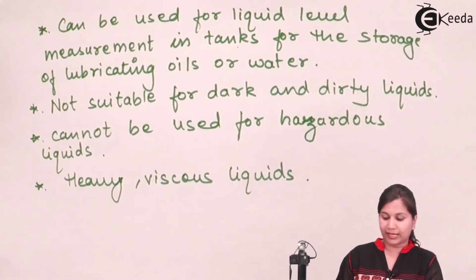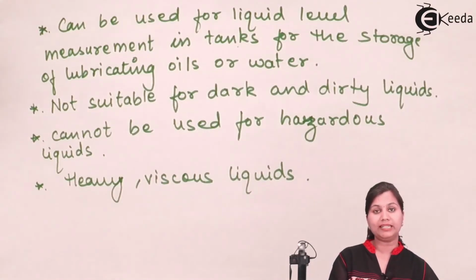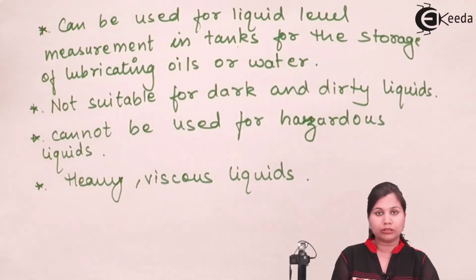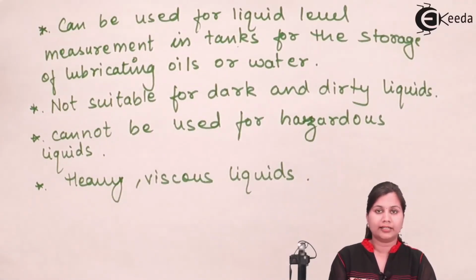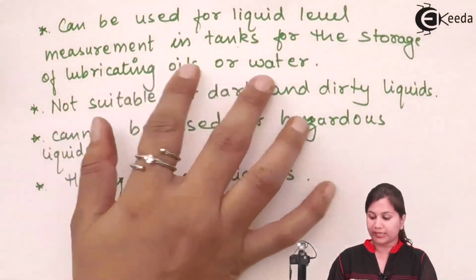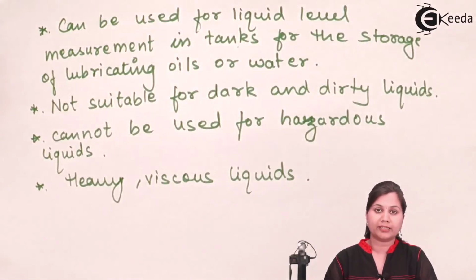So we can see that this can be used only for those liquids which have very low density and can flow very smoothly in the tank. So only for lubricating oils and water level measurement, this method can be used.